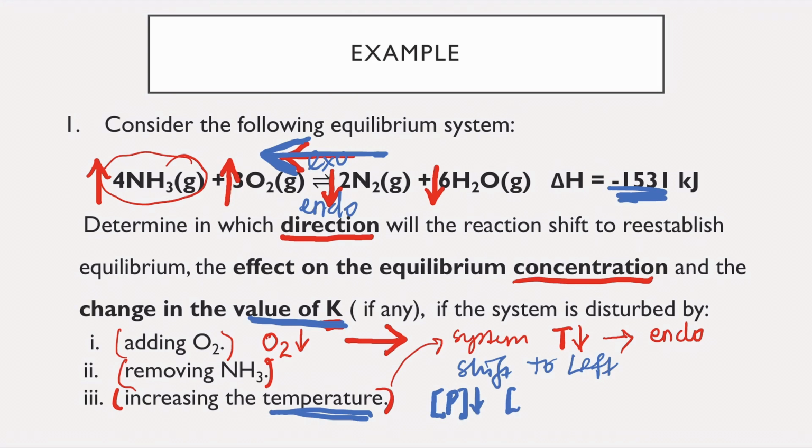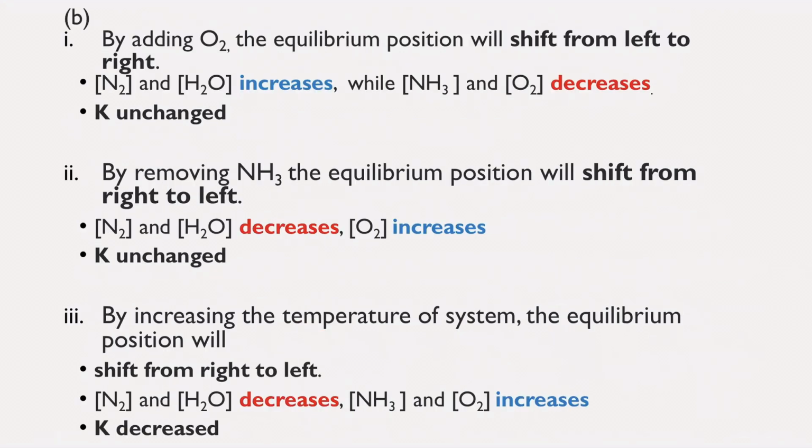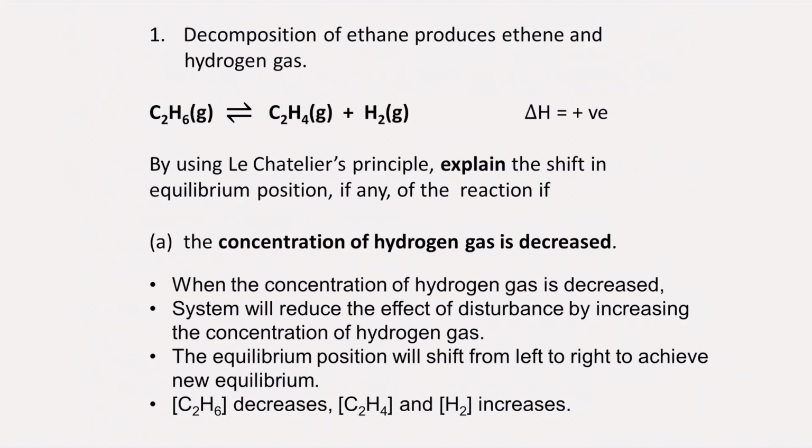And your reactants will increase, right? So, write out the Kc. I'm just writing product and reactant to show you, but you should write it properly. So, when your product decreases, that means your Kc will decrease, okay? So, the value of K will decrease when you increase the temperature of this reaction. Okay, this is the answer.